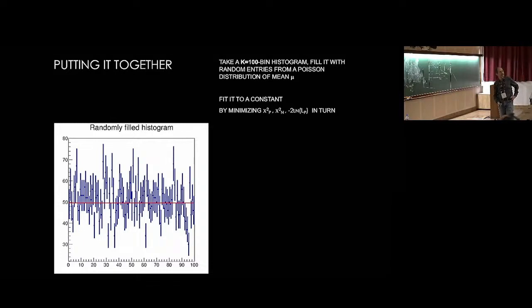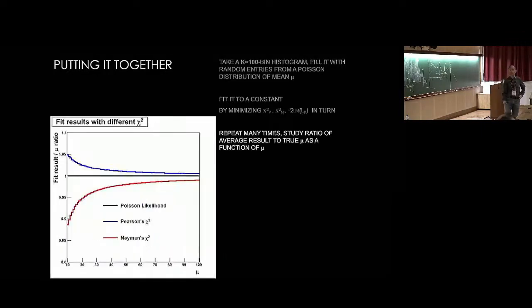What do I get with these numbers? Well, I can repeat this a gazillion times, and so I will get a very precise estimate of the bias I incur if my measurements have a rate of 50, or 10, or 100. And then what I do is I put this together as a function of the rate.